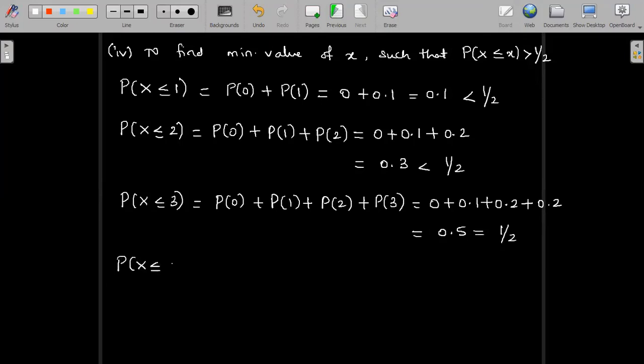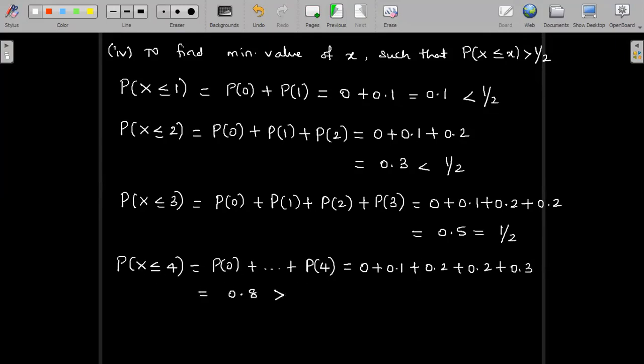So X less than or equal to 4 means probability of 0, 1, 2, 3, 4. Until 4 we have to sum up all the values, which gives us p of 0 is 0 plus 0.1 plus 0.2 plus 0.2 plus 0.3 from the table, and this is equal to 0.8, and 0.8 is a value greater than half, 0.5.